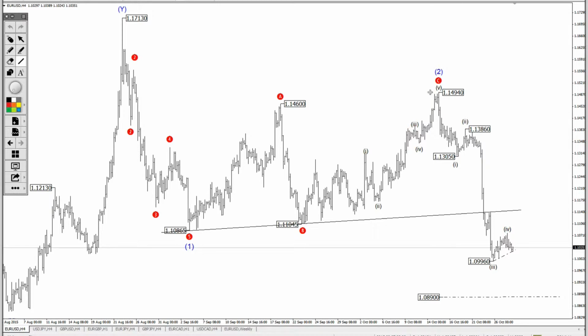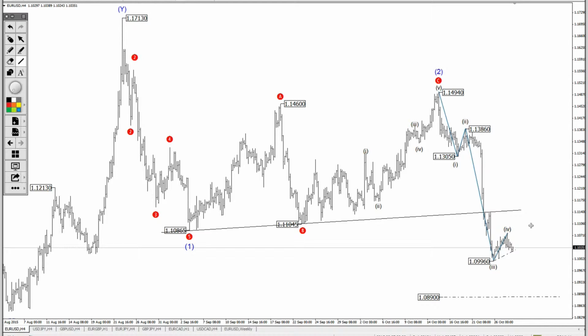So from the high of 114.94 we see wave 1 down to 113.05, wave 2 upwards move to 113.86, then a very large powerful decline as wave 3. 109.96 was the low on this third wave on Friday last week, and now the forming fourth wave correction is at its end stages in my opinion.